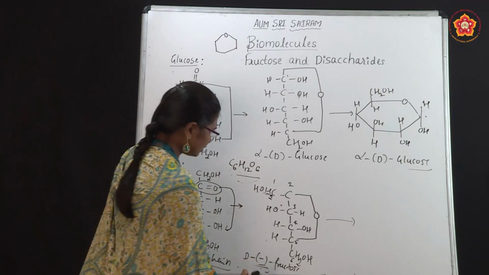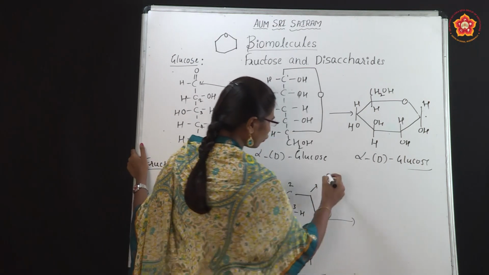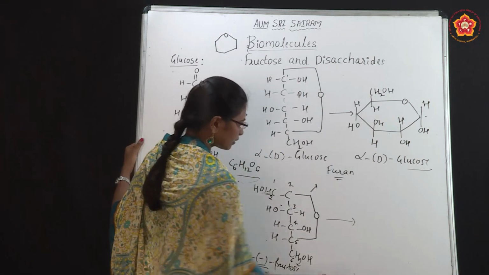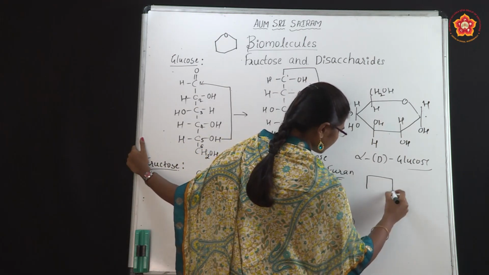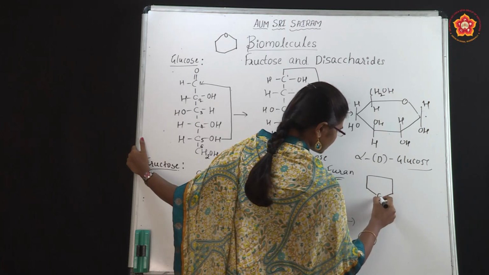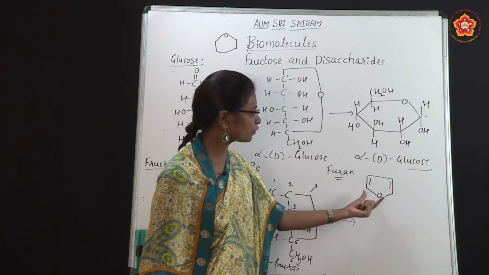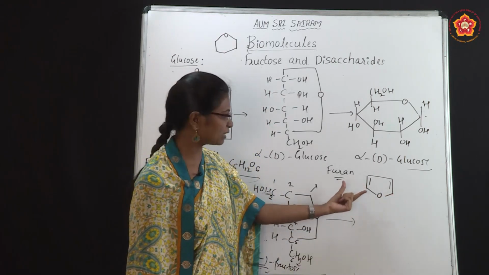Okay. And now how we will write? So this is the analog with furan. Furan means the structure, this is a furan structure. Okay. So furan, you have seen this structure in first PUC organic chemistry.